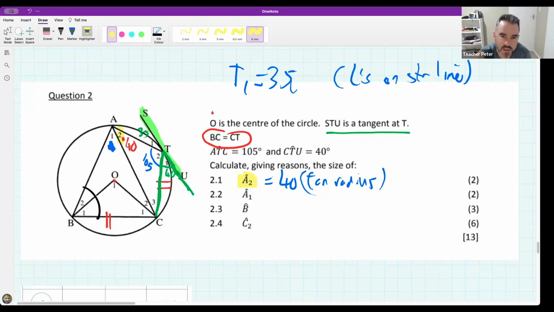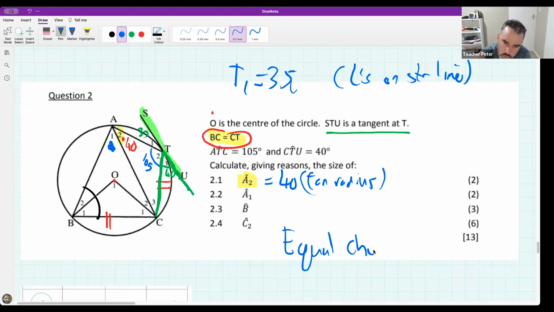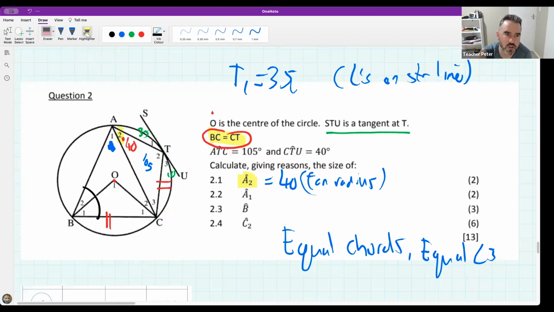It's hiding. Can you see the BC equals CT part? Now, there's a theorem which says equal chords subtend equal angles. And what I've noticed is that there are two equal chords sitting here and here.